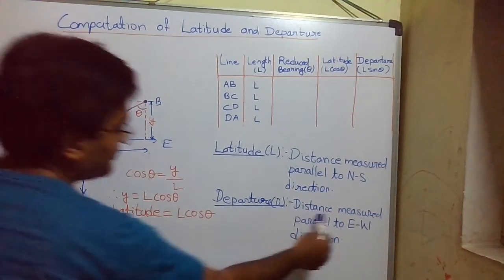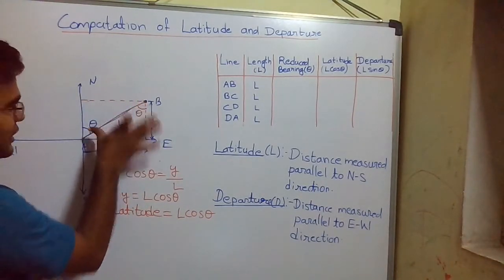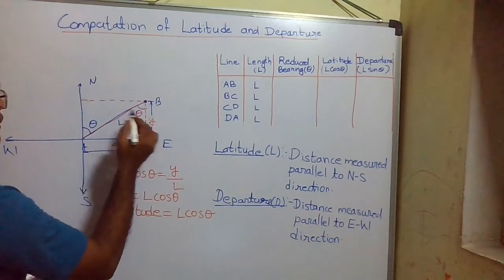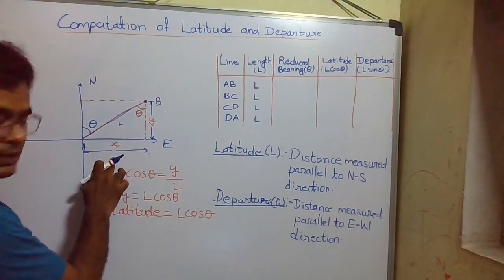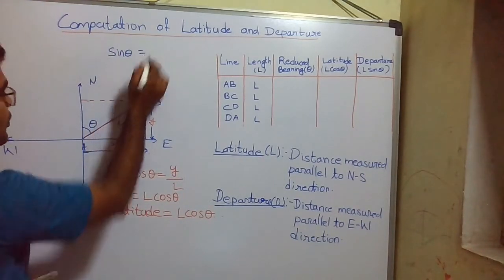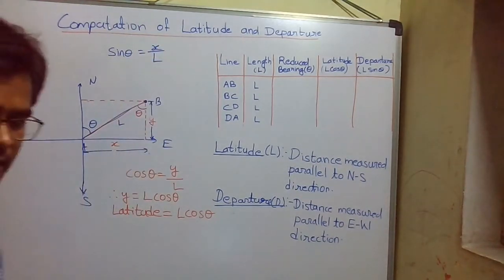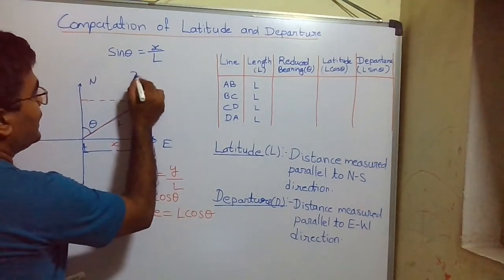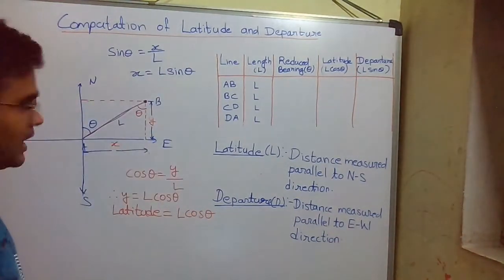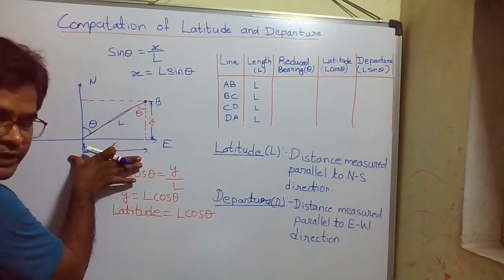Now we will see the departure. What is departure? It is the distance measured parallel to the east-west direction. This is the east-west direction, and the distance of line AB parallel to the east-west direction is this X. So here by trigonometry, X is the opposite side to this angle, so we can write sin theta is equal to the opposite side, that is X, by the hypotenuse L. So we get X equal to L sin theta, and this X is nothing but the distance of line AB parallel to the east-west direction.